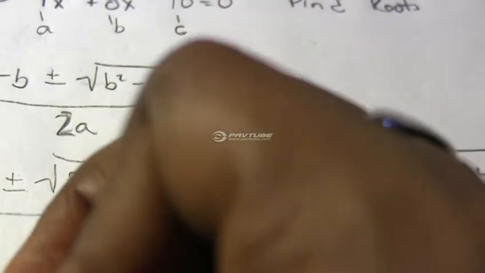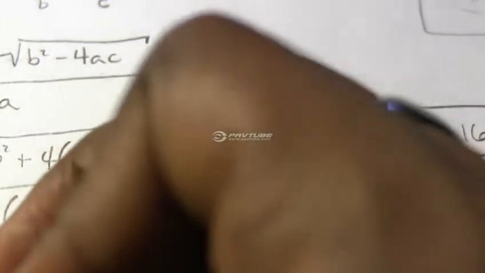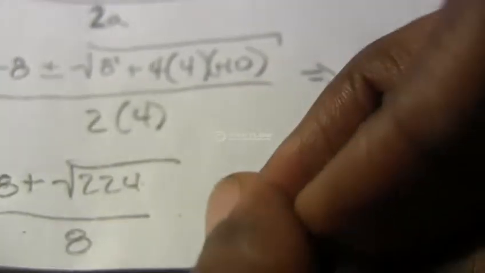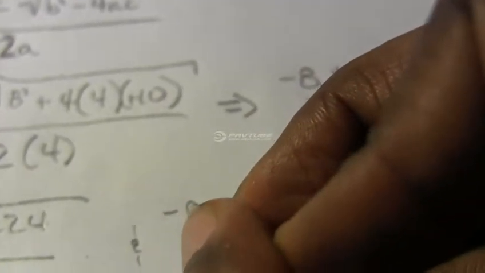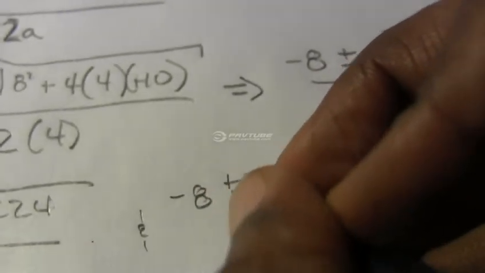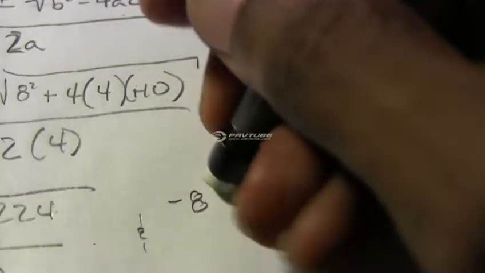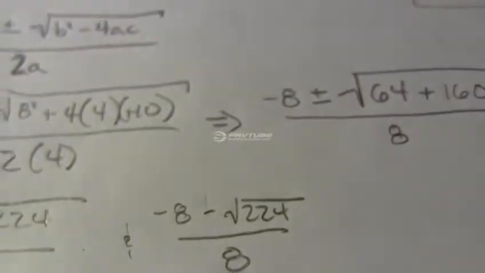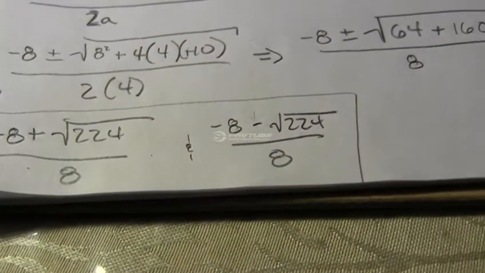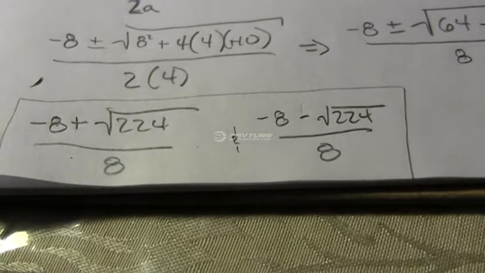Depending on how they want you to write it, you'll have one answer that's negative 8 plus the square root of 224 over 8, and it's important that it's and, not or, negative 8 minus the square root of 224 over 8. Okay, and that's your answer. These are all your roots right here. And they look confusing, they look scary, but they're not.